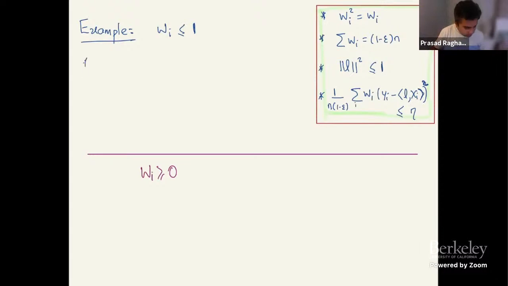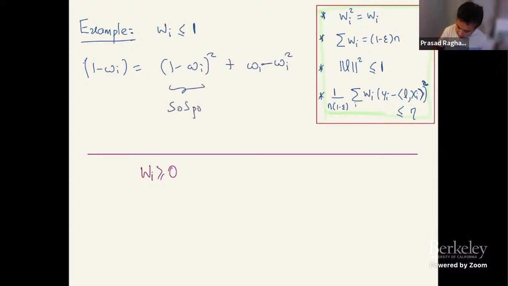You could say 1 minus w_i is equal to (1 minus w_i) squared plus w_i minus w_i squared. Okay, just an identity. And this is an SOS polynomial. And this is one of your axioms. Right, so this is a proof that this is greater than or equal to 0. So we prove that 1 minus w_i is greater than 0.